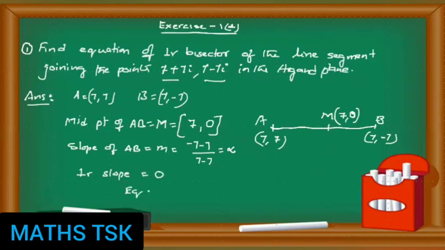Therefore, the equation of the perpendicular bisector: clearly it passes through M, so y minus y1 is equal to m into (x minus x1). So y is equal to 0 is that.